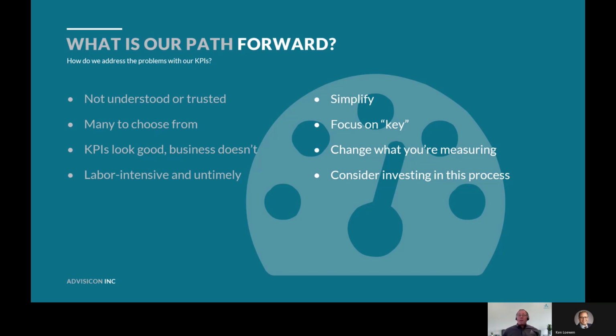If they're not trusted, simplify the process that you're using to gather the data so that there's more transparency available there and your team are able to better apply a weighting to the value that you're presenting in the KPI and apply that to their own decision making about their jobs.